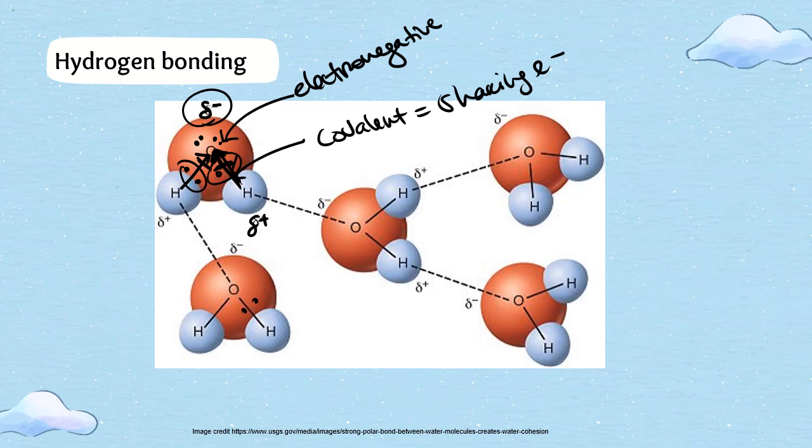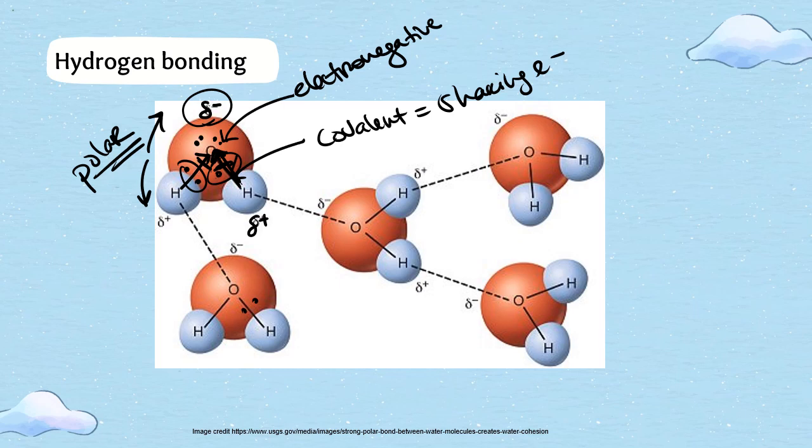This bond is a polar bond because we are not sharing those electrons fairly. The molecule is also polar because we have that partial negative side on one part of the molecule and partially positive on the other side of the molecule.